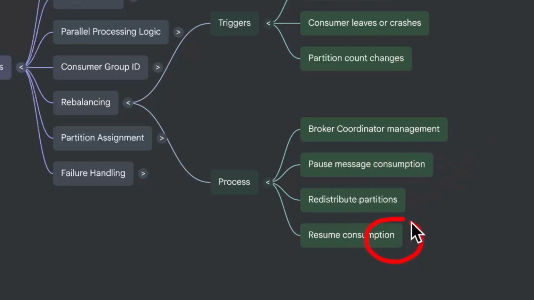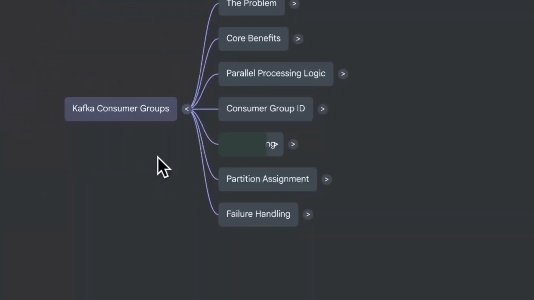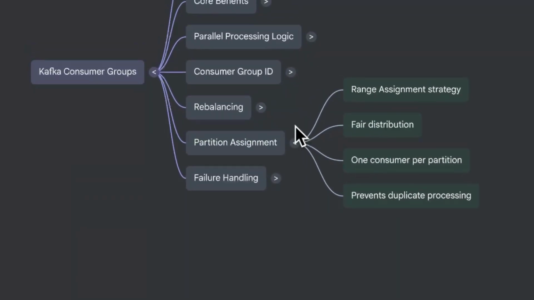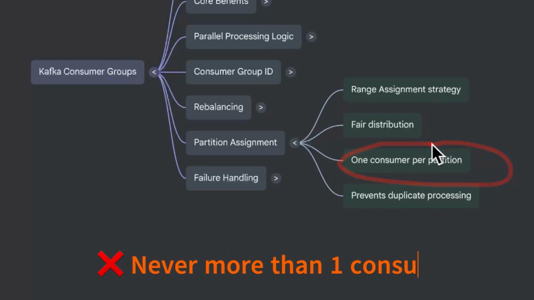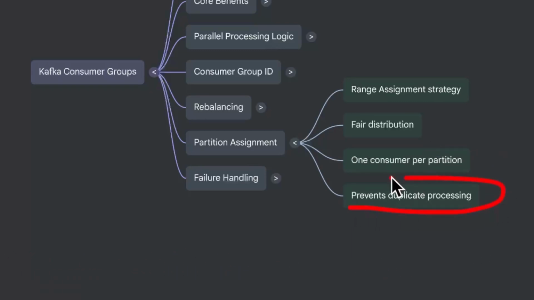Once that is done, it will resume the consumption. Okay. Now let's jump to the next topic, which is partition assignment. So Kafka does a fair distribution in partition assignment. Kafka makes sure one consumer per partition is assigned, and it prevents duplicate processing.